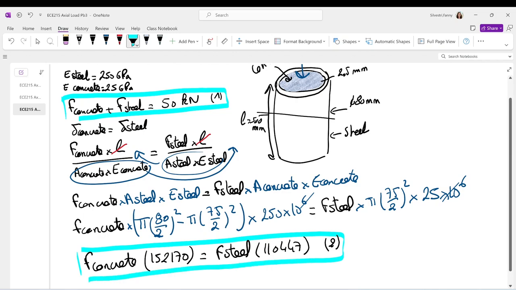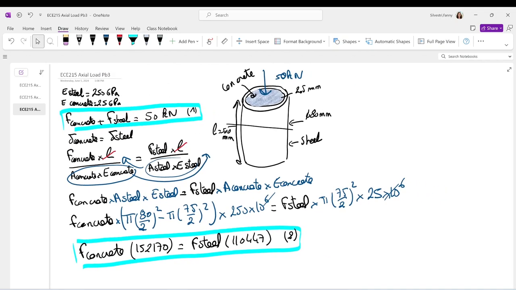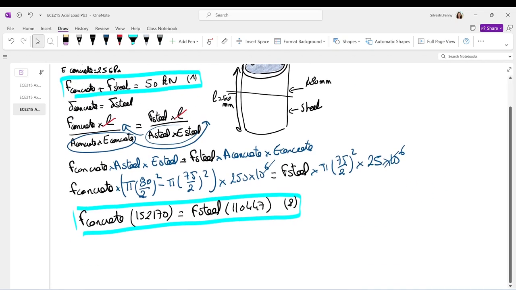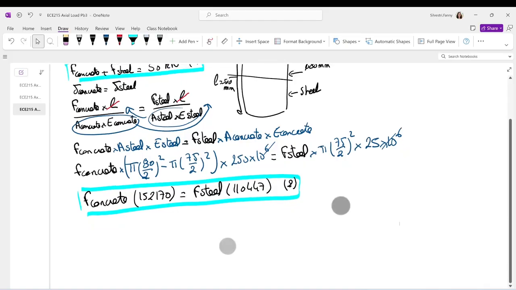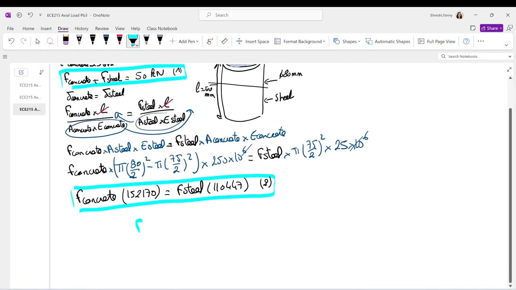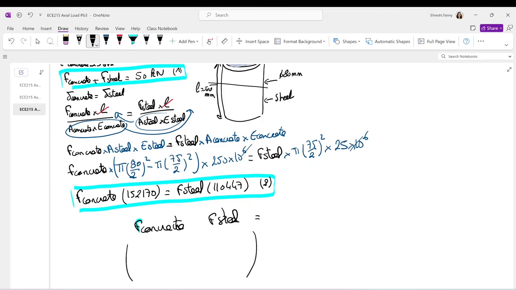Two unknowns, two equations. I will add that in a matrix. So the first one will give us the force in the concrete first and the force in the steel second. My first row is 1 times the force of the concrete plus 1 times the force of the steel equal to 50.